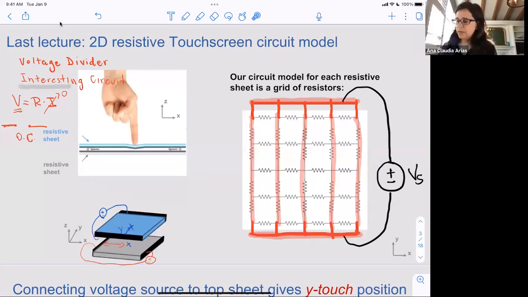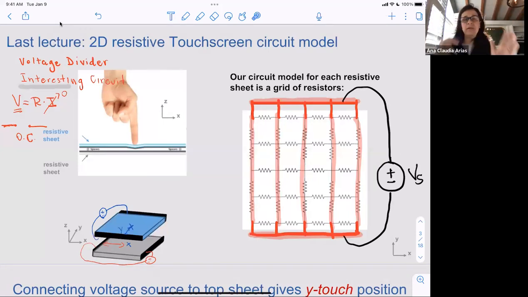No, our press does not go entirely horizontal. It's just a point, and we always modeled it as a point, which is why we were always measuring at a certain point in the array. We're not squishing, otherwise it would give us no information, right? The point of these touch screens is that you select something.